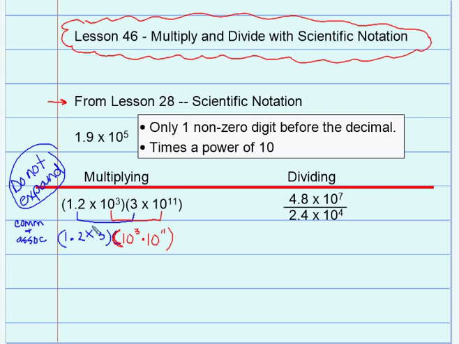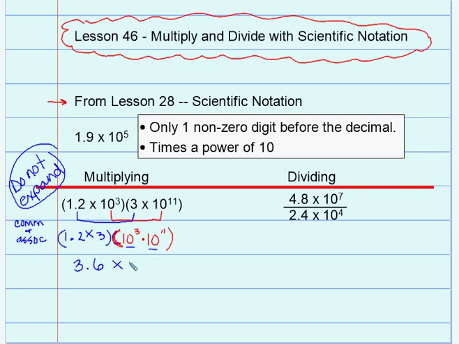Okay, so I just grouped this so that we can multiply the numbers together, and then we can multiply the powers of 10. So 3 times 1.2 is really easy to do. That's 3.6. And then 10 to the 3rd times 10 to the 11th. Remember that when your bases are the same, you add the exponents.